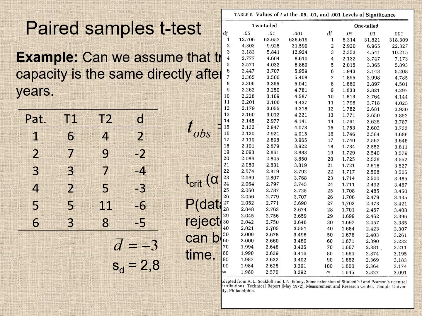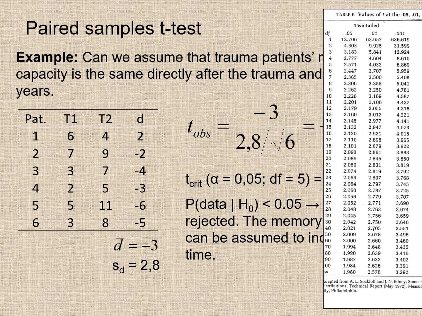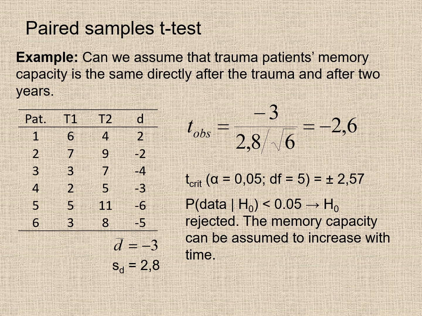So how much did our sample mean differ from 0? How much did our sample mean of -3 differ from 0? Well, we just calculated that it differs 2.6 standard errors from 0. So the difference between -3 and 0 in standard errors is larger than we would expect if the population mean is 0.